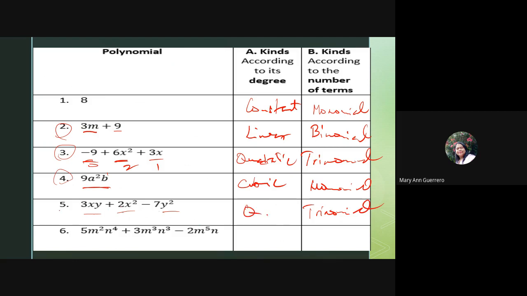So, this is what we call quadratic trinomial. So, ganun lang. Okay, so ito ay 6. 6 ang degree, 6 ang degree, so 6 degree. 6 degree trinomial. So, ganun siya. Unahin natin yung degree. Linear binomial, quadratic trinomial, quadratic trinomial, 6 degree trinomial. So, ganun.